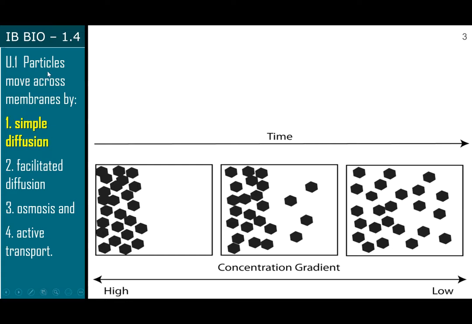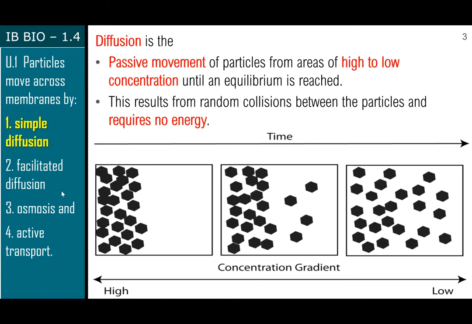So understanding number one, particles move across membranes by the first method, simple diffusion. So let's talk about some basic stuff. Diffusion is the passive movement of particles from areas of high to low concentration until equilibrium is reached.